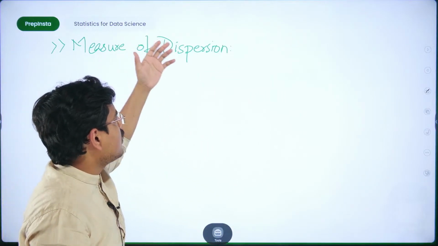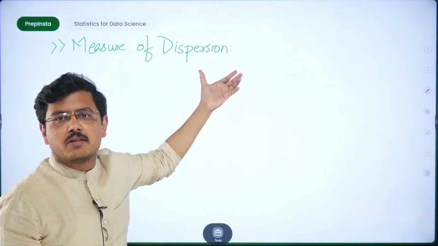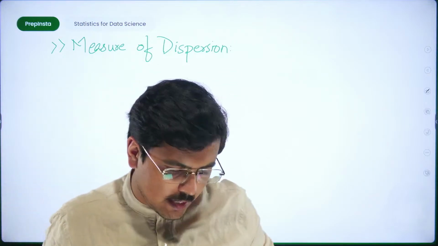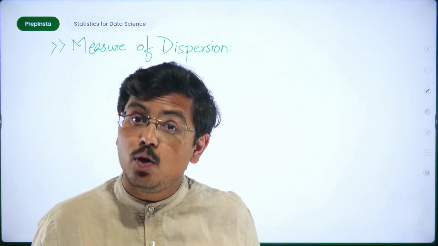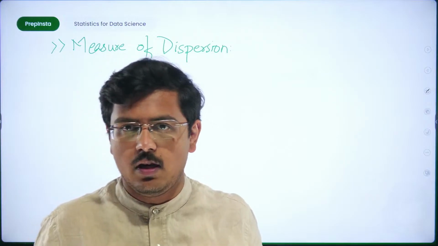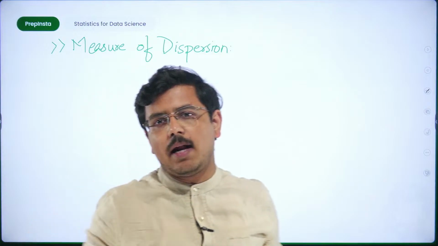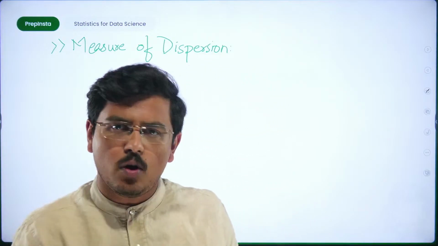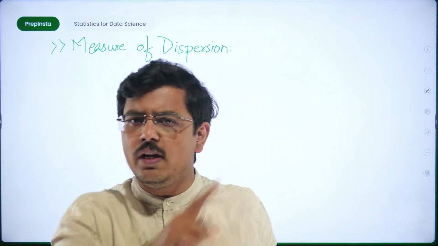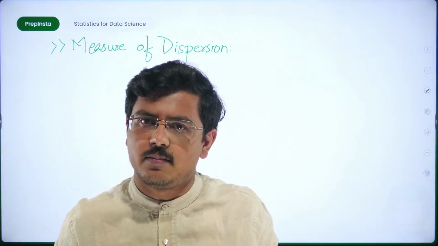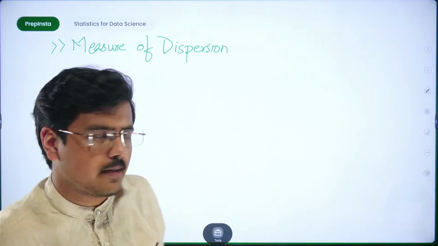We'll understand what exactly this term means, and then see why we need this measure of dispersion. When we already had mean, median, mode, why do we need this when we have central tendency? Let's understand that.